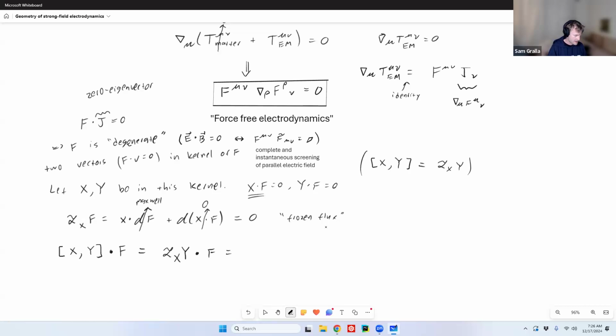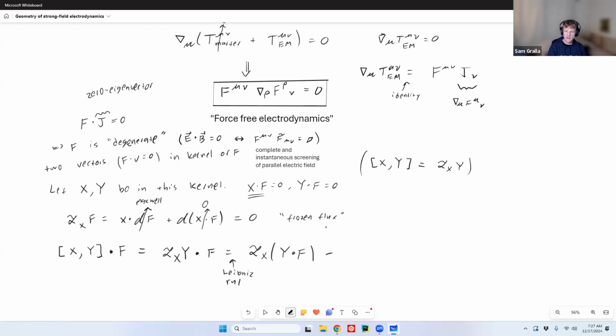And now the magic formula again. Actually, I'm just using the Leibniz rule, even better. Lie x is a derivative, so we can write it as two terms, one which is Lie x of y dot f. Since I got confused, you guys might too. This is just the Leibniz rule.